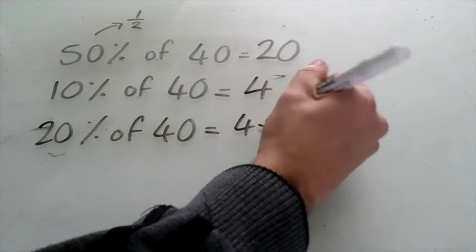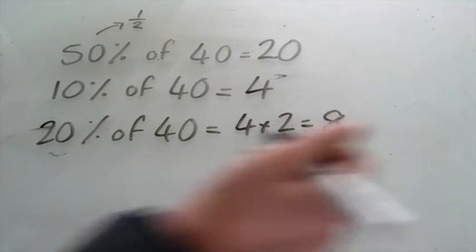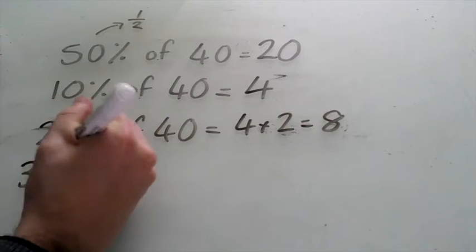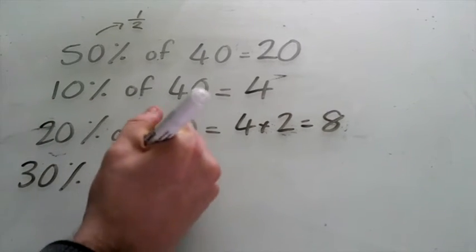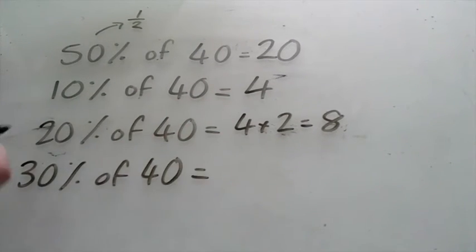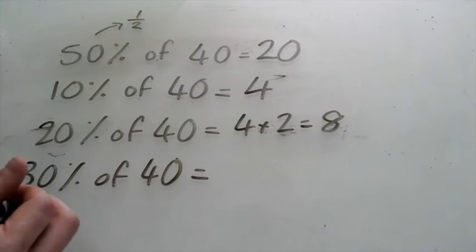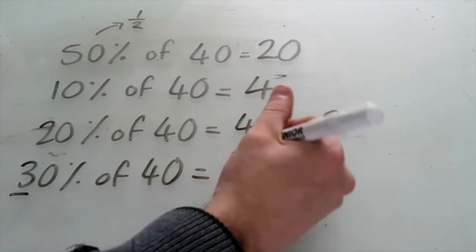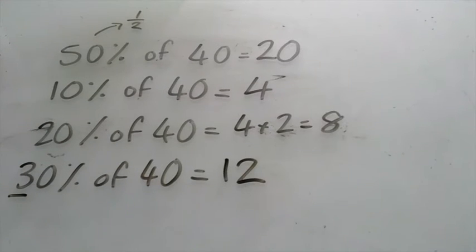So it would be 4 times 2, which equals 8. And equally we could find 30%, because we'd find 10%, which is 4, and times it by 3, which will give us 12.